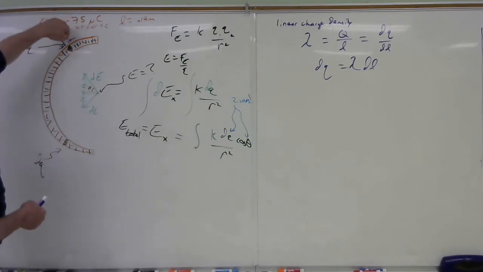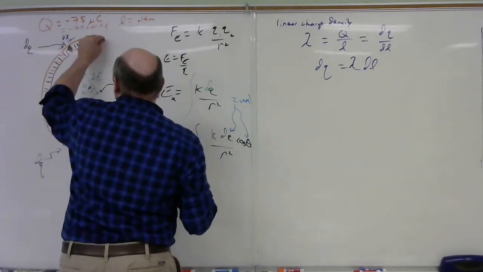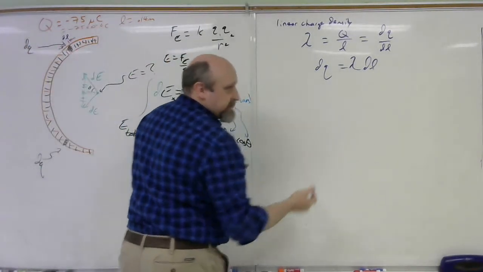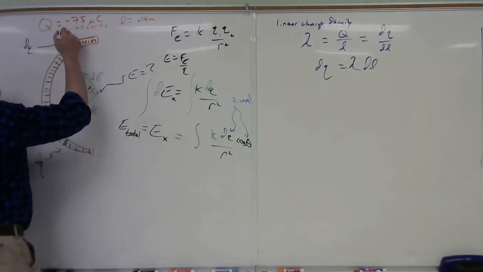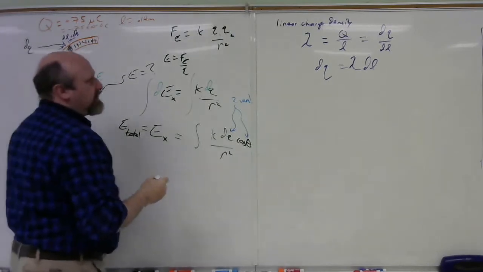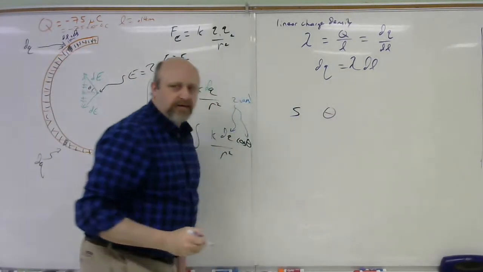Usually we call the arc length S. Usually use S for arc length. dl here along the length, that is also ds, the arc length. Once I write it like that, hopefully some things start to click. The arc length. And you say, is there a relationship between arc length and angle?